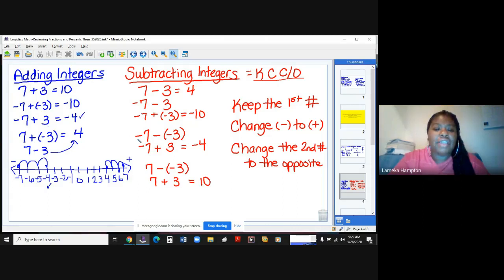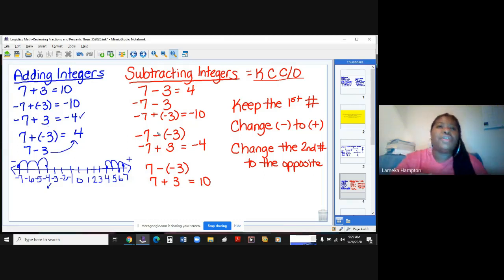Some people read this as -7 minus -3. And that's incorrect. The reason why it is incorrect is because the subtraction sign serves as two things. It serves as an operational sign, which is the minus sign or the takeaway sign, however you learned it.